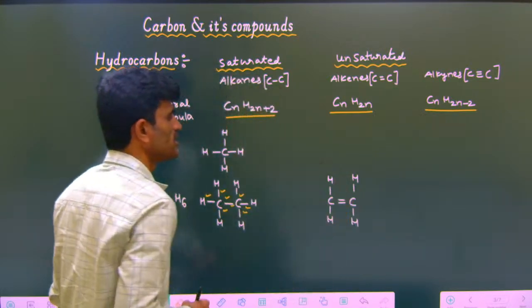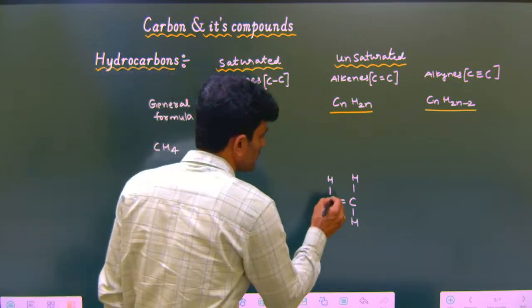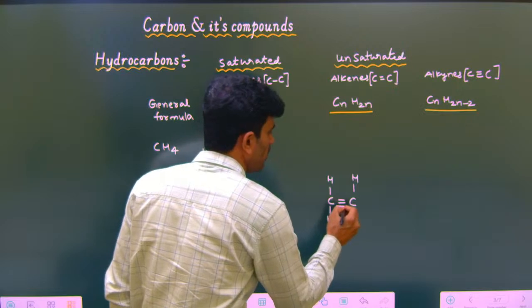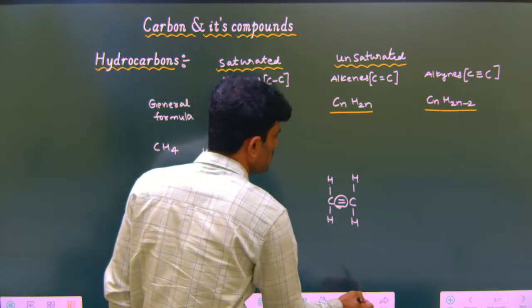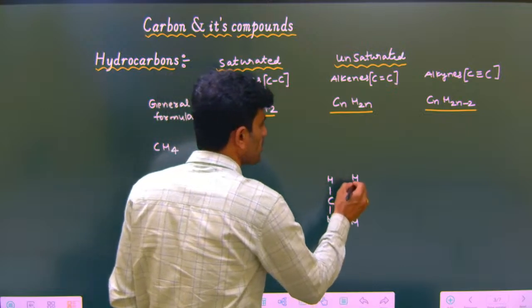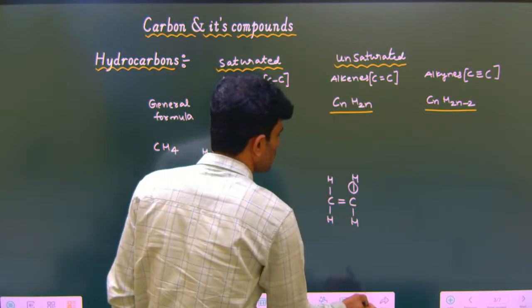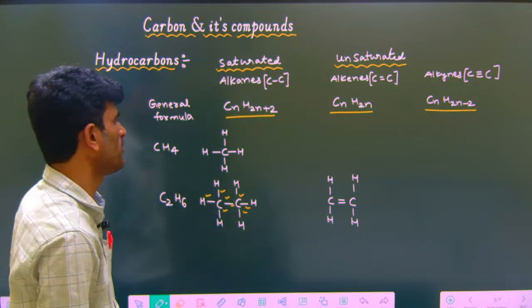This is the structure of ethene. If you observe here, the first carbon has 4 covalent bonds: a double bond, and a single bond, and another single bond. Similarly, the second carbon also has 4 covalent bonds. So this is the structure of ethene. There is a double bond between carbon and carbon.